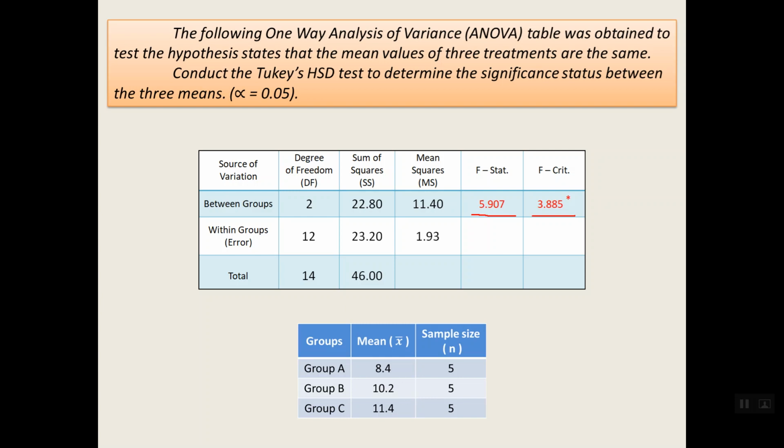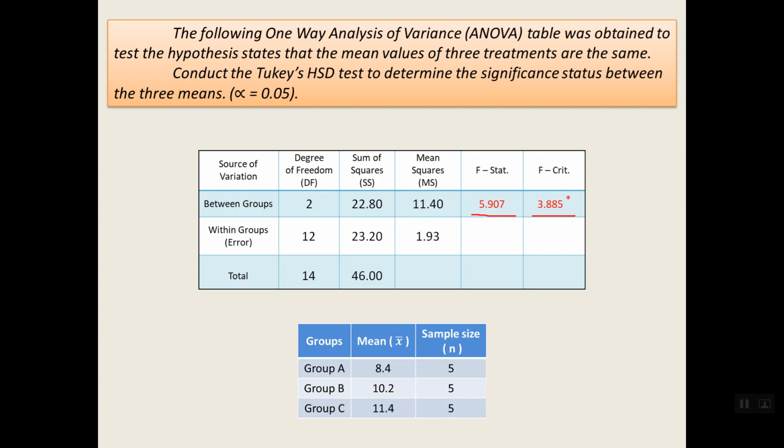So we conclude that there is a significant difference between the means, and we need to verify which two means have a significant difference. This is the purpose of the post hoc test, in order to determine the significance or non-significance between the means of the groups.